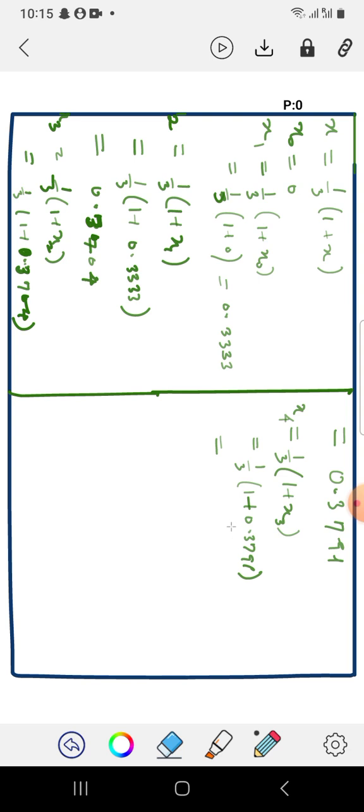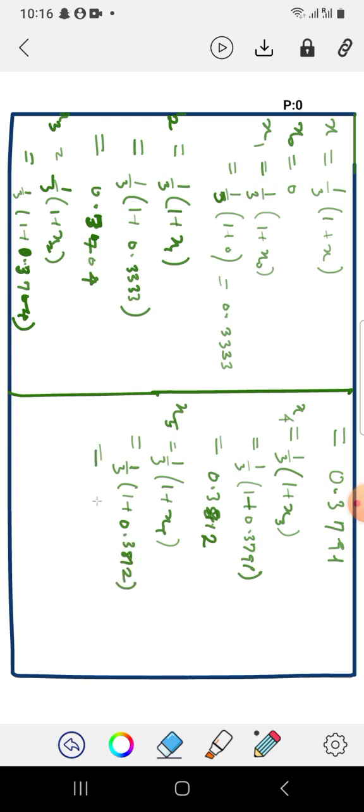And your answer is going to be 0.3812. Then your x5 is going to be 1 over 3 into 1 plus x4, which is 1 over 3 into 1 plus 0.3812.